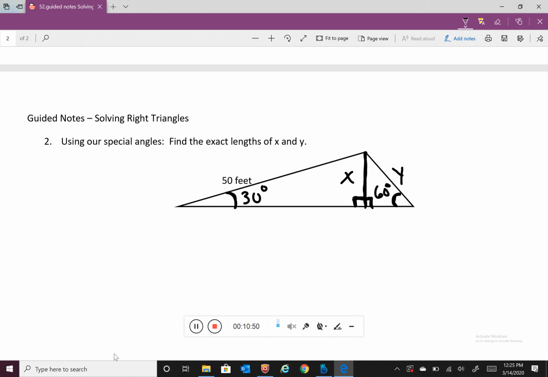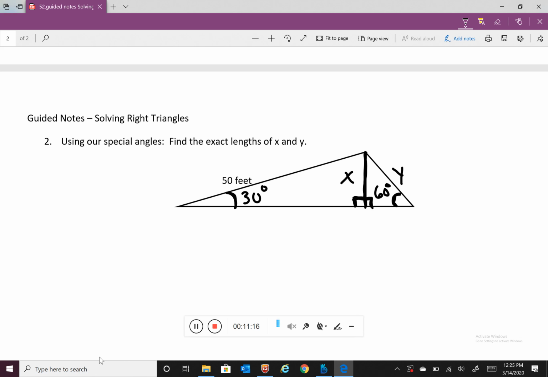Now, notice for the triangle on the right-hand side, the only information we know about it is that it is a triangle with the bottom angle to the right of 60 degrees, but we do not have any side lengths. So we're going to have to start with the triangle on the left. So 30 degrees is a special angle.